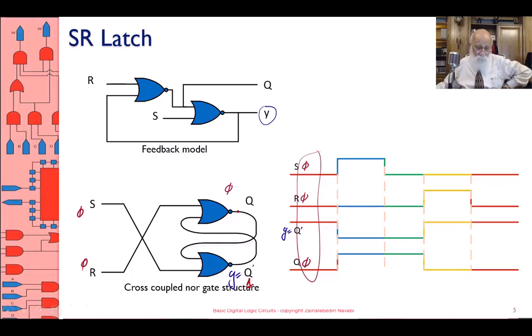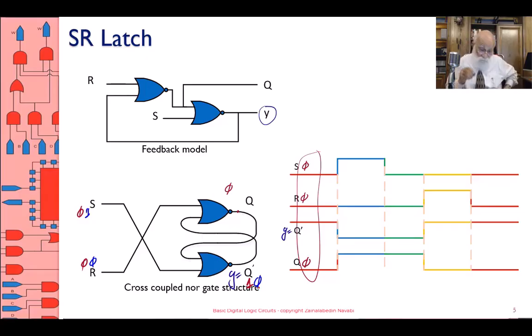At a later time, S changes to 1, R remains 0, and let's see what happens to the rest of the circuit. S has changed, and therefore the lower NOR gate sees a change on the input, and therefore it's seeing a 0. And then the Q output is still a 0, and therefore 2 zeros for the NOR gate cause the output to become 0.